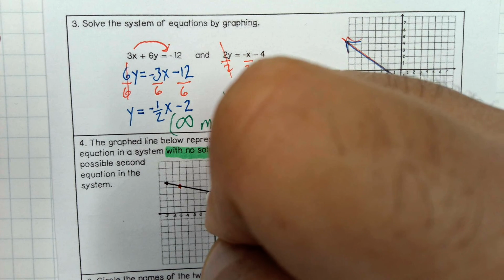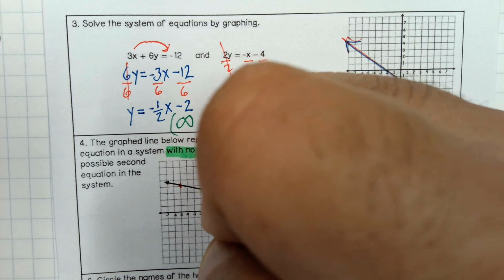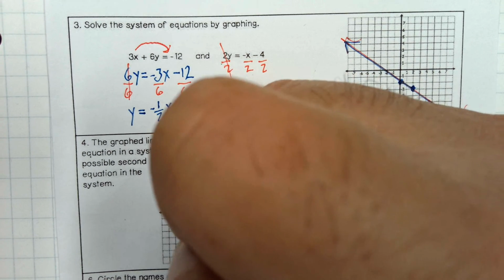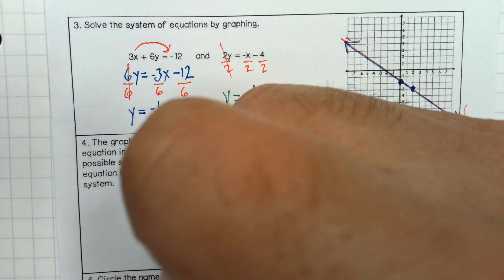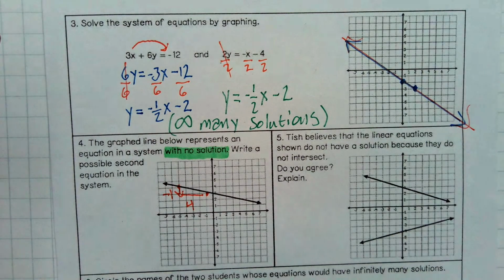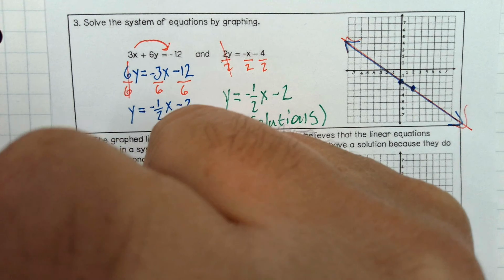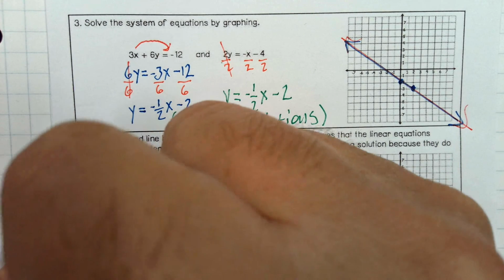Let's see if we can figure that out. Negative 1/4. Okay, so the slope we want is negative 1/4.